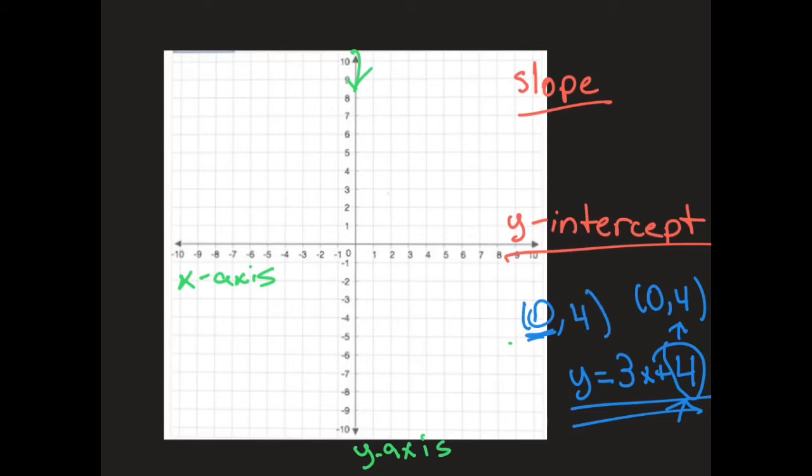So let's say you had any equation, like y equals 4x plus 8. The y-intercept of your line would always be 0, comma, your b variable, or the last number of your equation. So in this case, the y-intercept of the line using this equation is 0, 4, because 4 is the b variable in our equation.